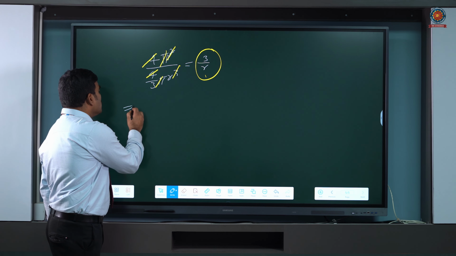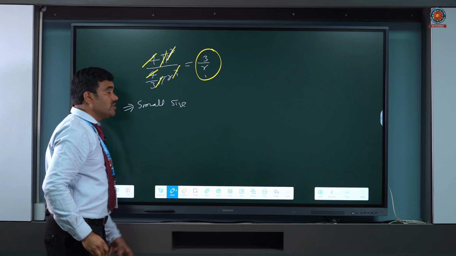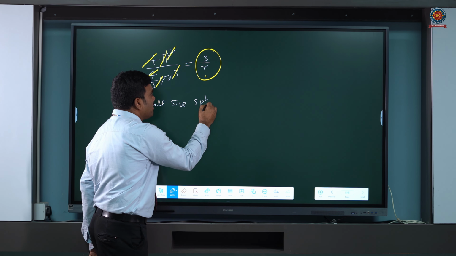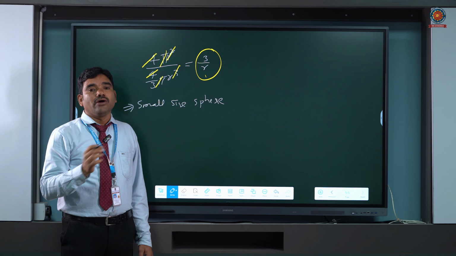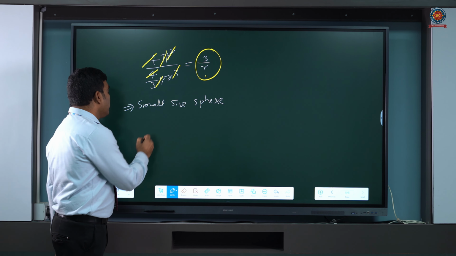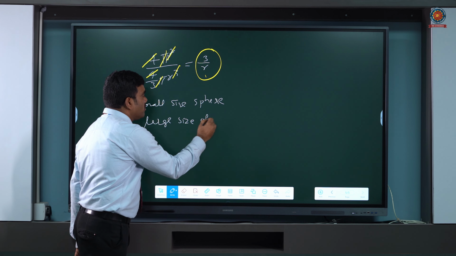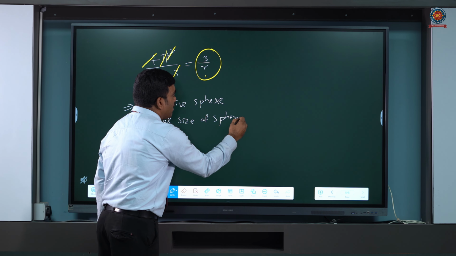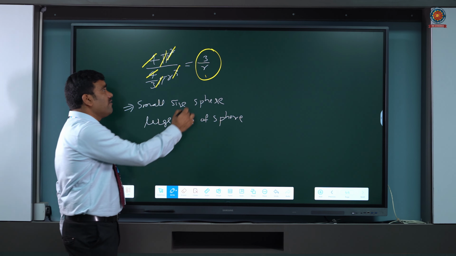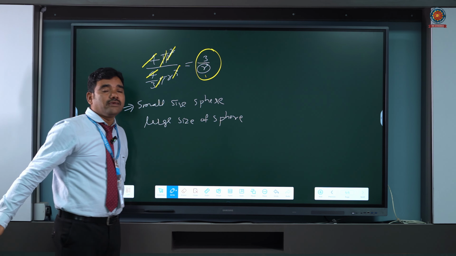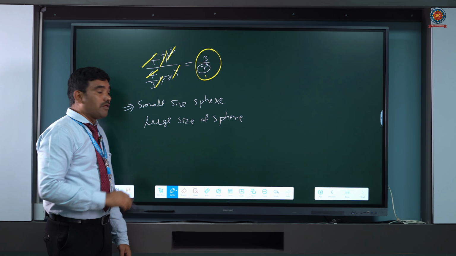That means a small sphere has a high surface area to volume ratio, and a large sphere has a low surface area to volume ratio, because the radius is inversely proportional to the ratio.